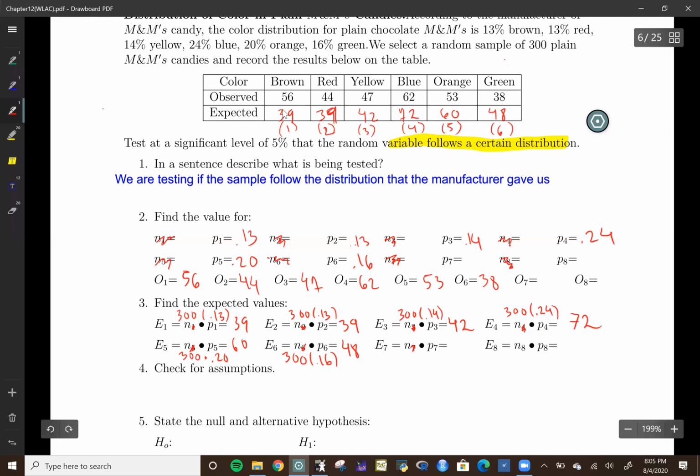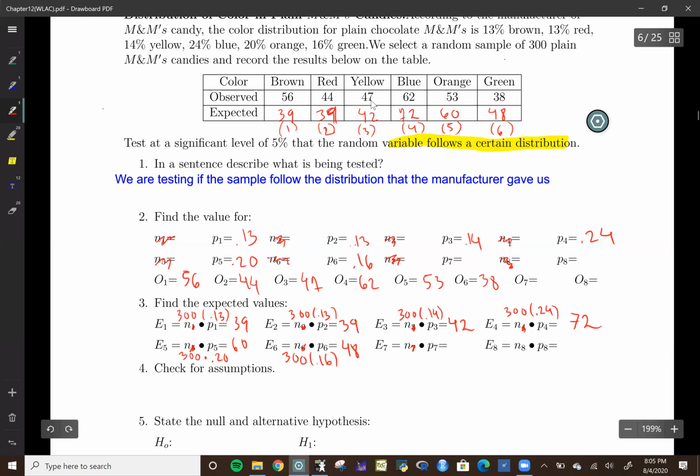All right, let's go to red. For red, we got 44 red candy, but the expected value should have been 39. Are they pretty close or do we have a big gap in between? Yeah, that one's better because it's only 5 away, so it's getting better. So let's do yellow.